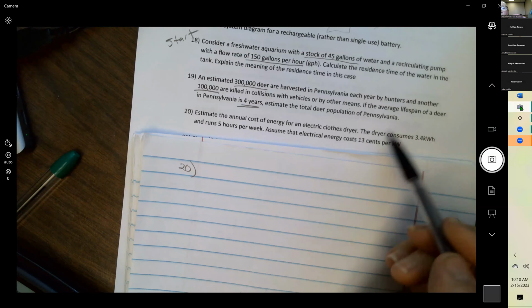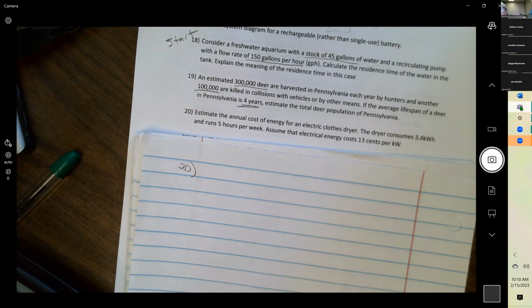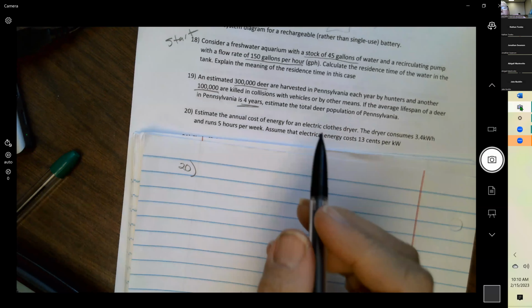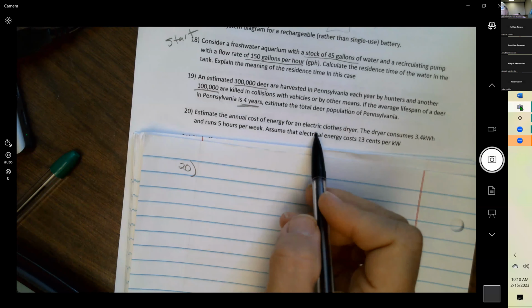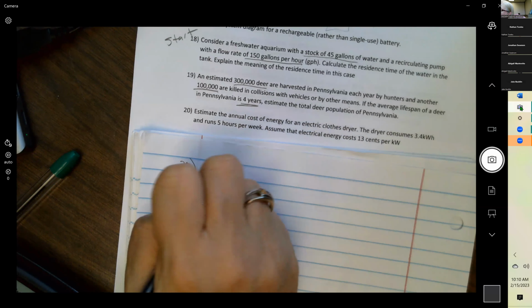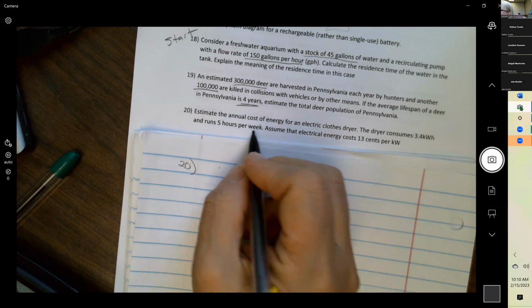It's good proportions. I tried to put a lot of proportions on the practice. Estimate the annual cost of energy for an electric clothes dryer. The dryer consumes 3.4 kilowatts and runs 5 hours a week.